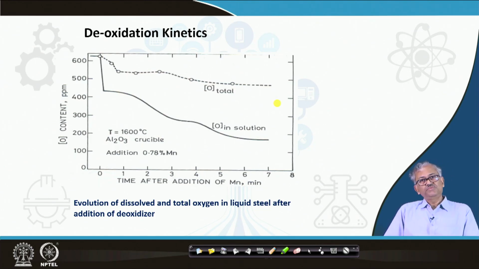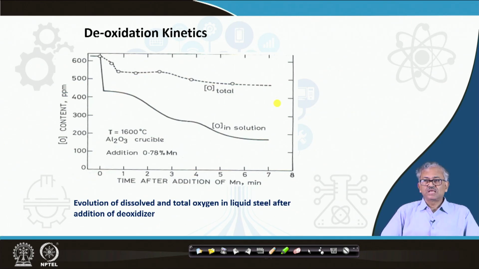Oxide inclusions are forming quite fast. As soon as you add the manganese, the dissolved oxygen reacts with the dissolved manganese, forming manganese oxide. Within 7 minutes, the dissolved oxygen has come down from more than 600 to 200 ppm. But the total oxygen is not decreasing.